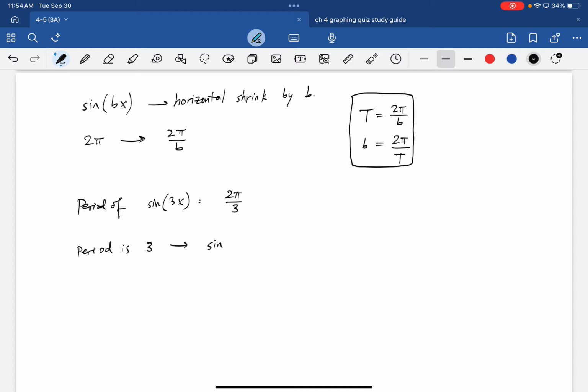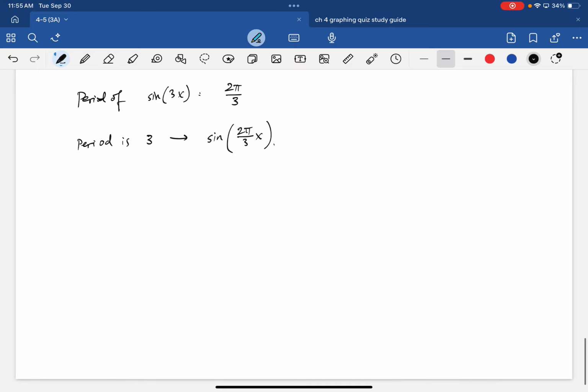Then you would know that your function would have to be sine of 2 pi over 3x, because you can just use this formula to calculate what the constant b has to be in order for the period to be 3. Good formulas to remember.